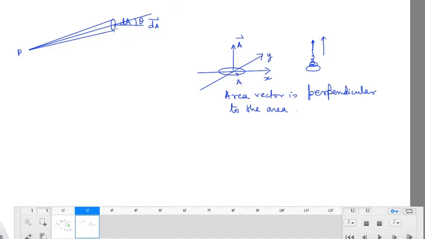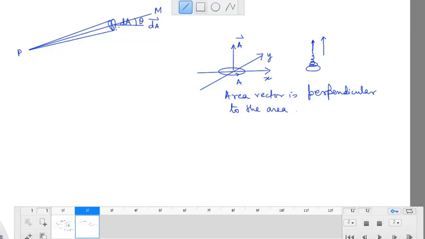Now suppose this line is PM. If we take a very small area perpendicular to this line, this surface will also make an angle theta.